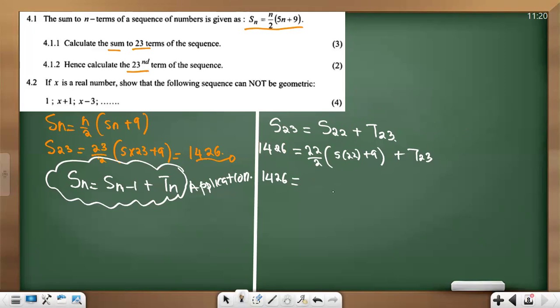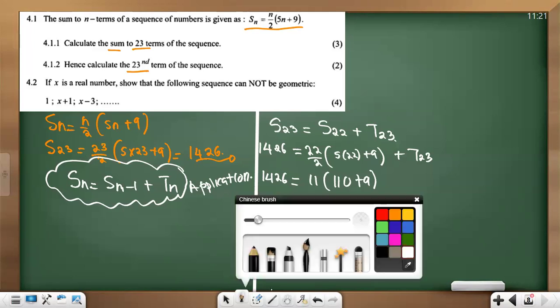That will be 11 into 5 times 22, that will be 110, I believe. 110 plus 9, all right, I hope you can do maths. That will be 119 times 11. You can actually confirm using a calculator.